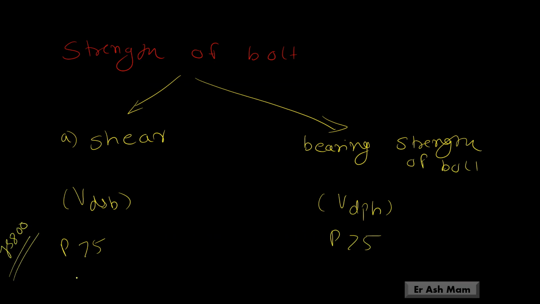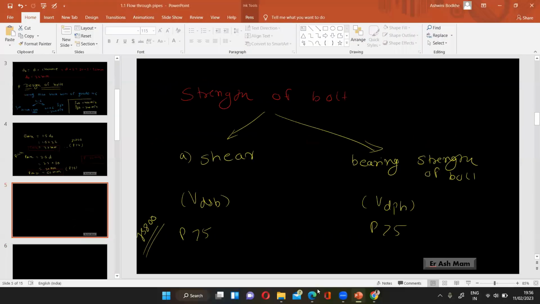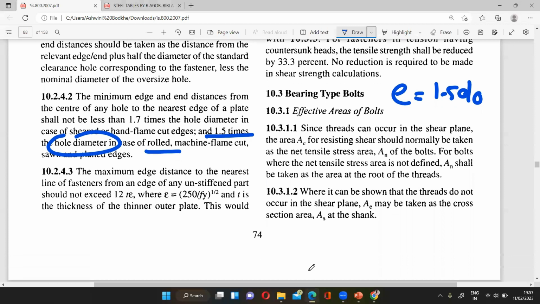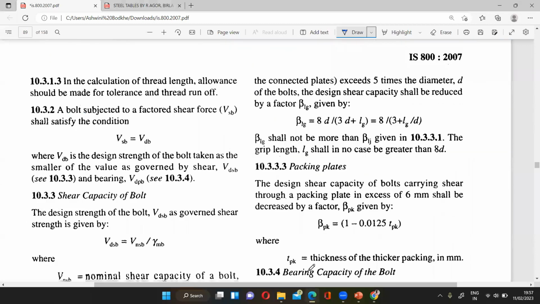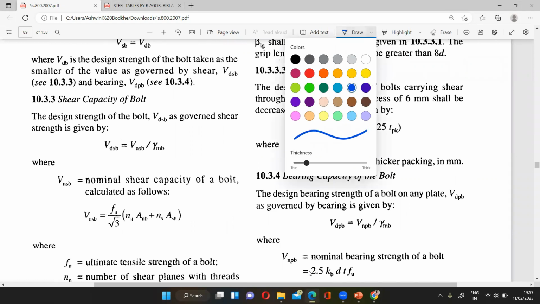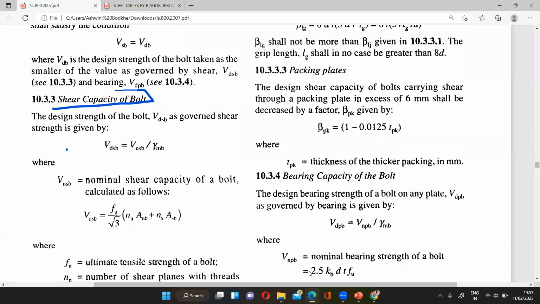Okay, next, let's see the clause in the IS code, page number 75. Shear capacity of bolt, clause 10.3.3.